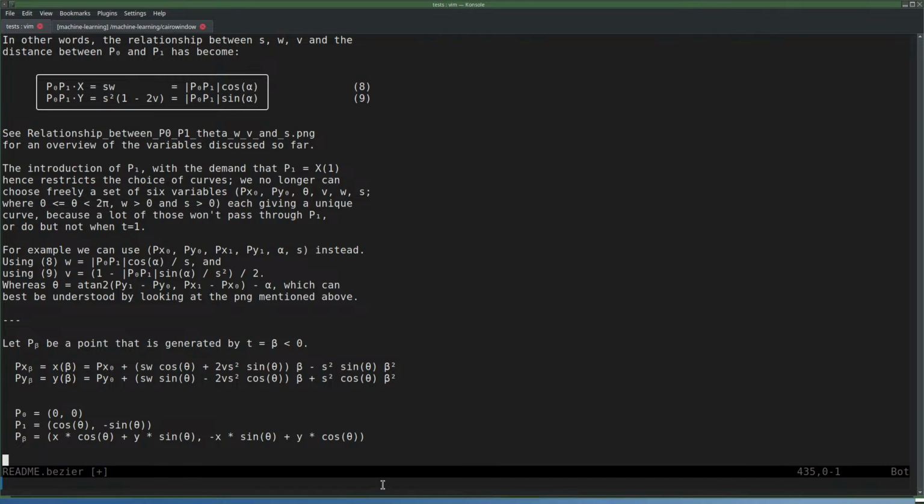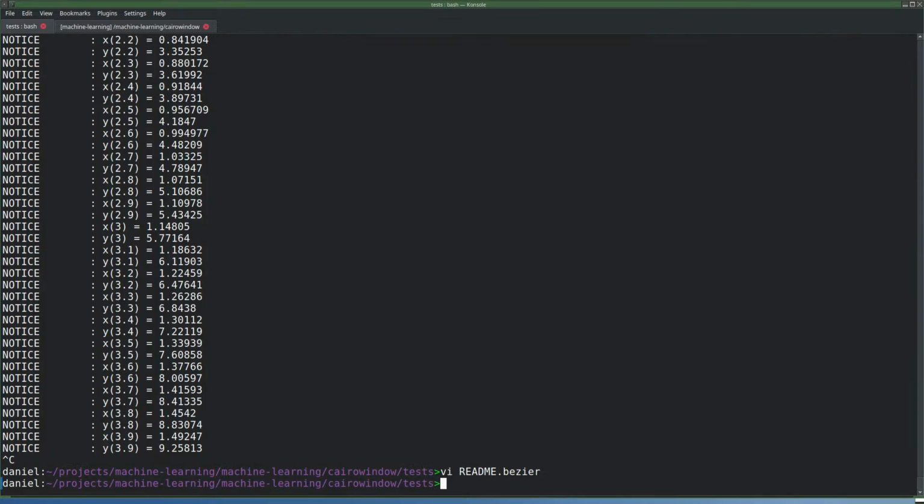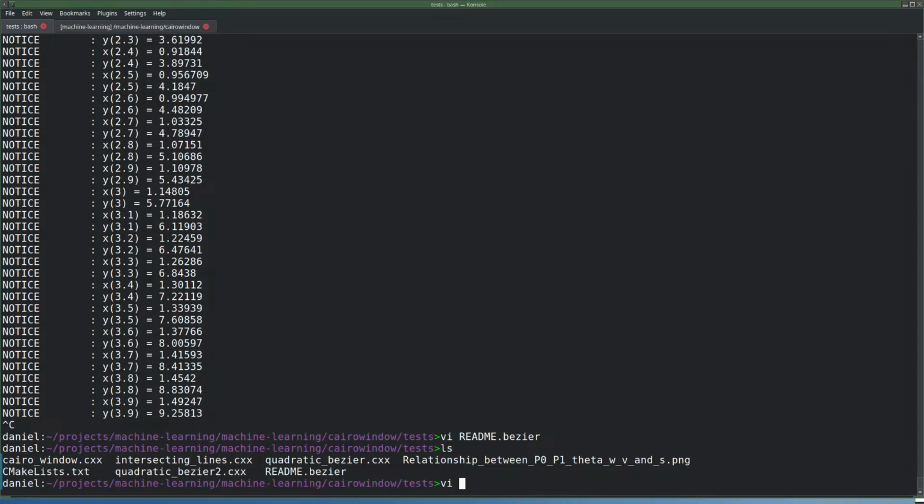Yeah, because the top row is cosine, sine, and then below that in the matrix we have minus sine, cosine. I'm sure of it. I don't even have to look in the code.